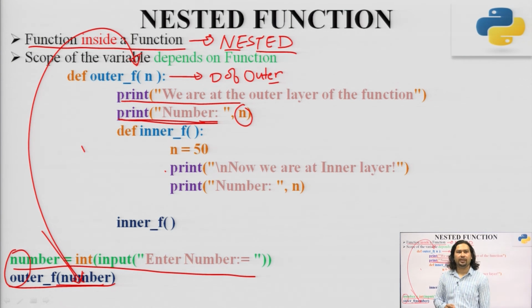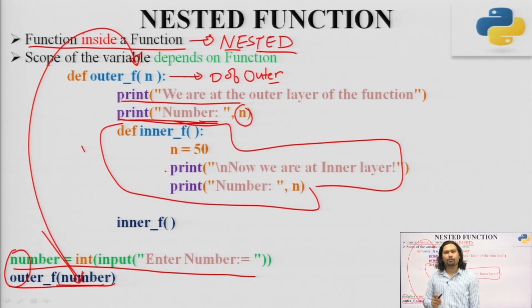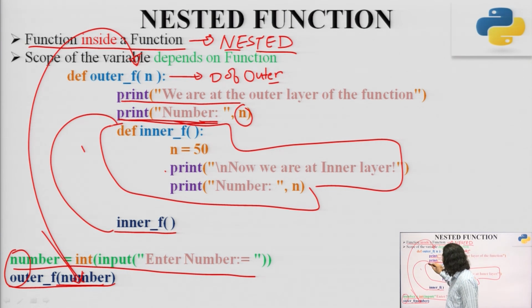That means this n variable is global to this inner function, because it is defined outside the inner function. The next important thing is that this definition part is not going to execute, because it is just like a comment statement, it will be directly skipped. But the next step is it calls the inner function. That means again the control will go back to the definition of the inner function, and in the inner function you will see that this inner function is called.